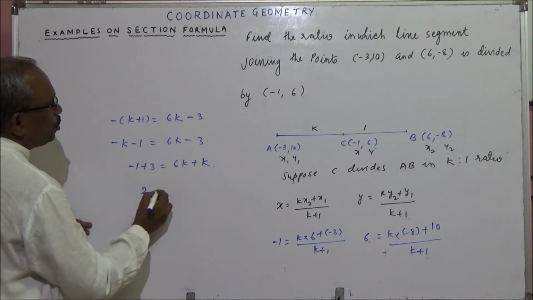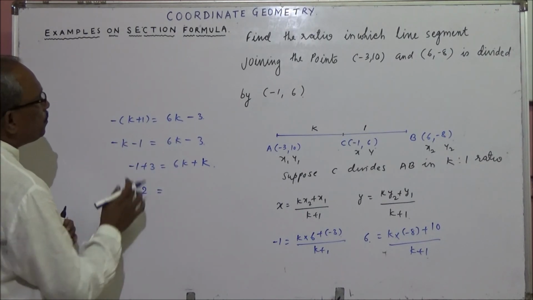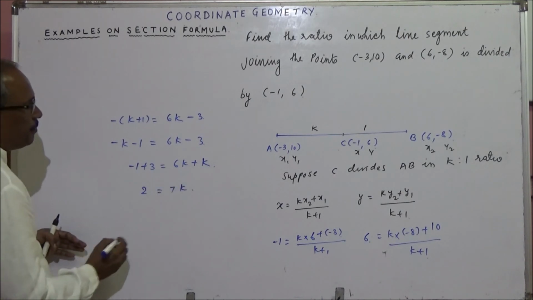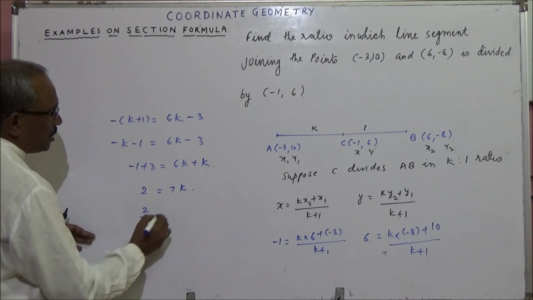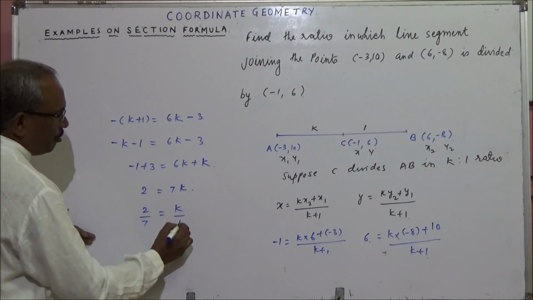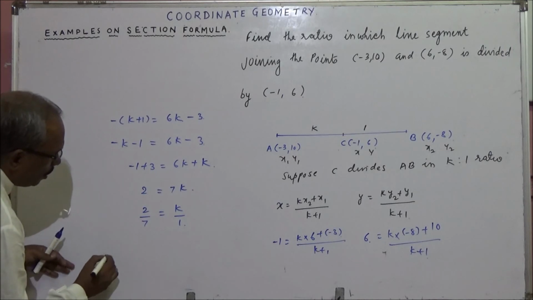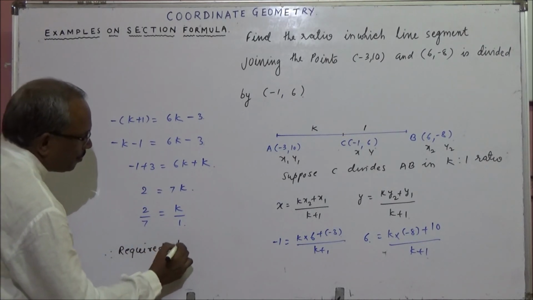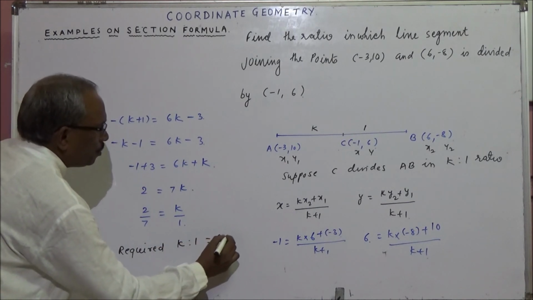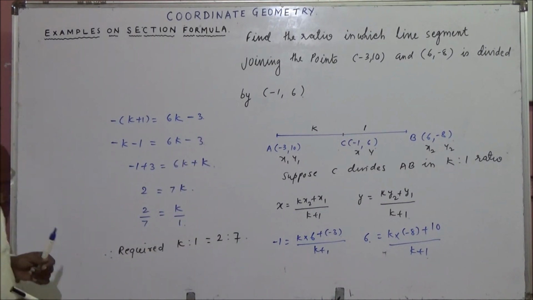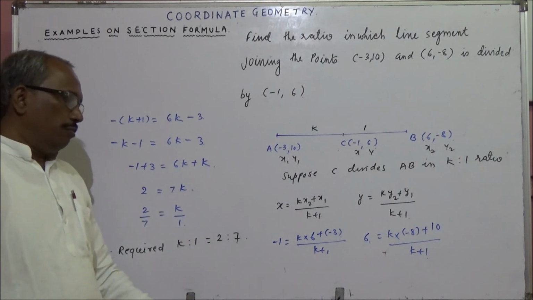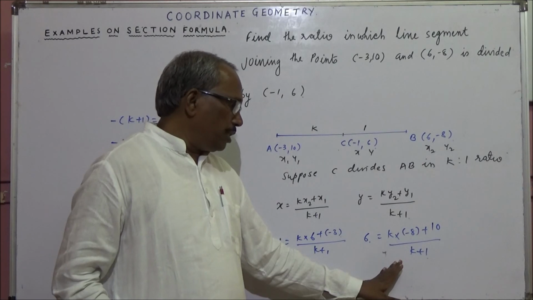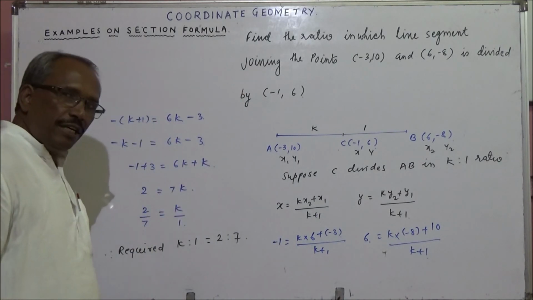So it is 2 is equal to 7k. So 2 upon 7 is equal to k upon 1. So therefore the required ratio k:1 is equal to 2:7. Or we can take this equation also. If we take this equation, we will get the same ratio.